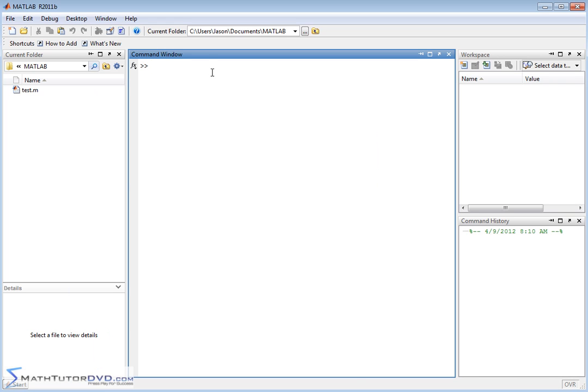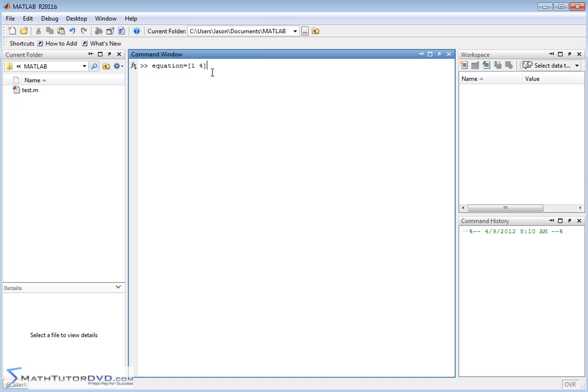Now you want to set up an equation and tell Matlab what the equation is. You don't type in the actual equation like x plus 4 is equal to 0. You just define the left-hand side in terms of coefficients. So to represent that as coefficients, it would be 1x plus 4 equal to 0.